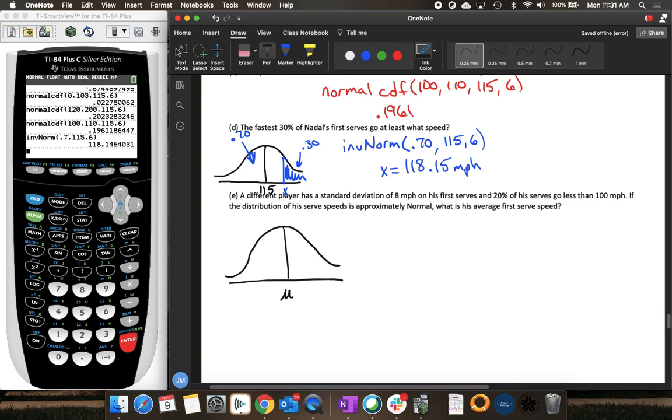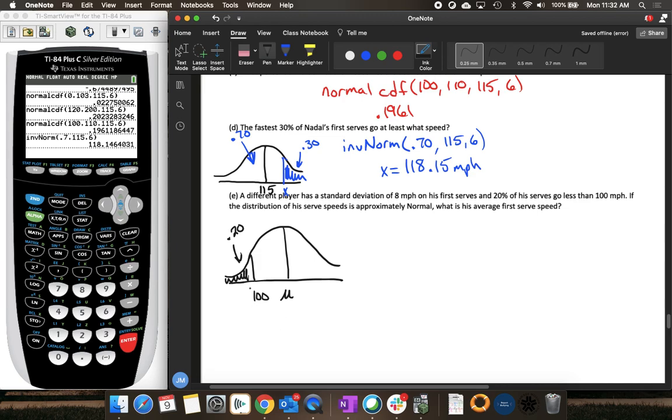But what we do know is that 20% of his serves go less than 100. So somewhere over here, we have 100, and we know that 20% go less than that, so the area over here is 0.20. We also know that the standard deviation is going to be 8.